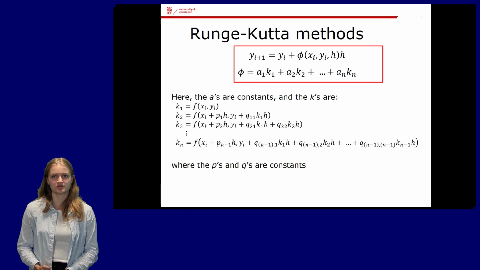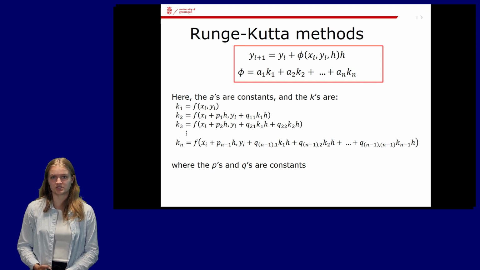So k1 is just the function f evaluated at x_i and y_i. k2 is the function evaluated at x_i plus some constant p1 times h, and y_i plus another constant q11 times k1 times h. And you can continue this process all the way up until kn.